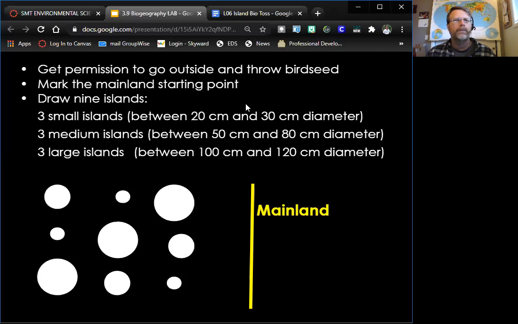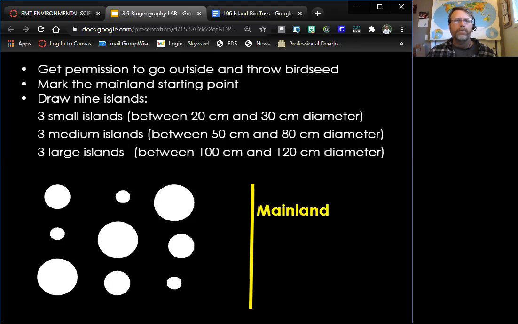Raw rice can cause problems once it absorbs water inside the bird's stomach. So bird seed is suggested for the environment. I used beans because it was easy to document and take pictures of, but I did sweep up afterwards. So make sure you do that.